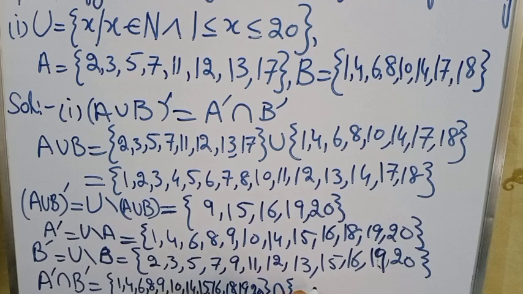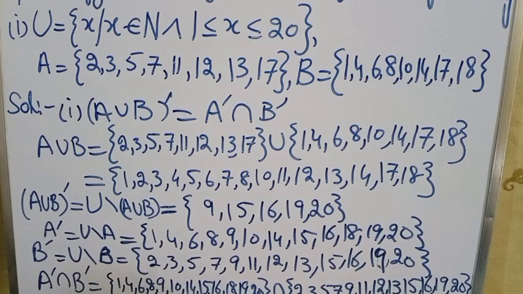B complement has elements 2, 3, 5, 7, 9, 11, 12, 13, 15, 16, 19 and 20.